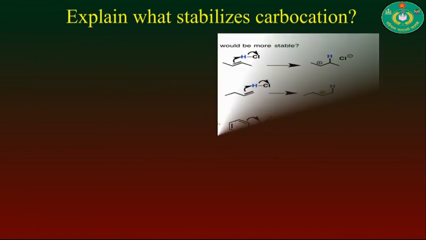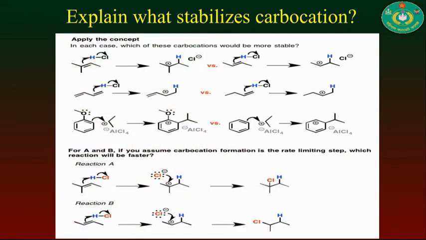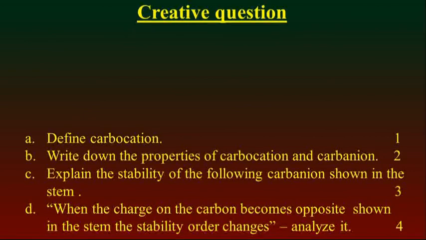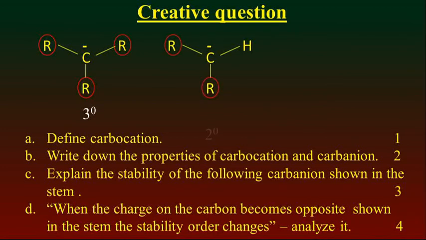Next, explain what stabilizes the carbocation in the following figure, and finally a creative question which is shown here. The stem contains 3 alkyl groups with a negative carbon atom, which is 3 degree carbanion, and then 2 degree carbanion which contains 2 alkyl groups, and finally 1 degree carbanion which contains 1 alkyl group.